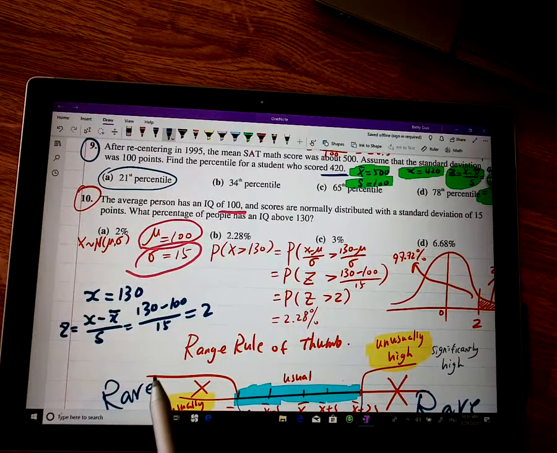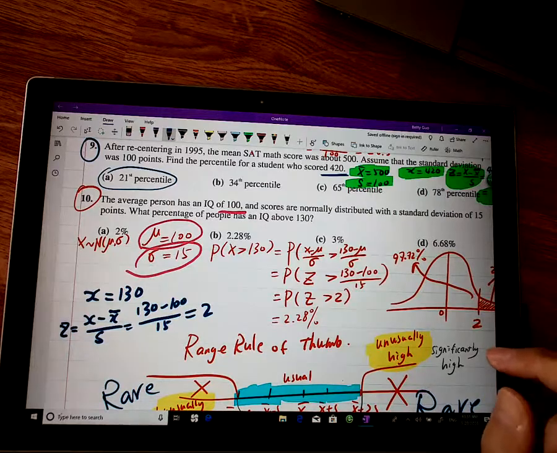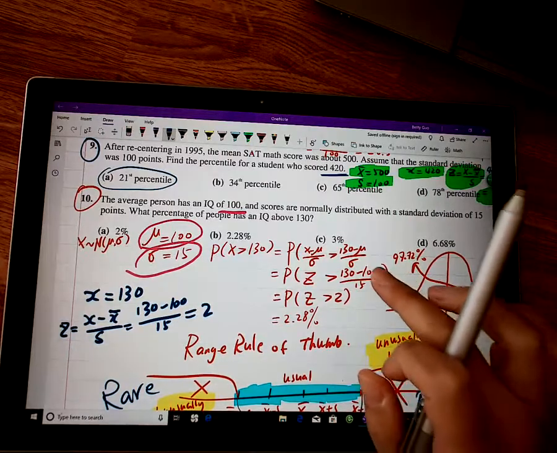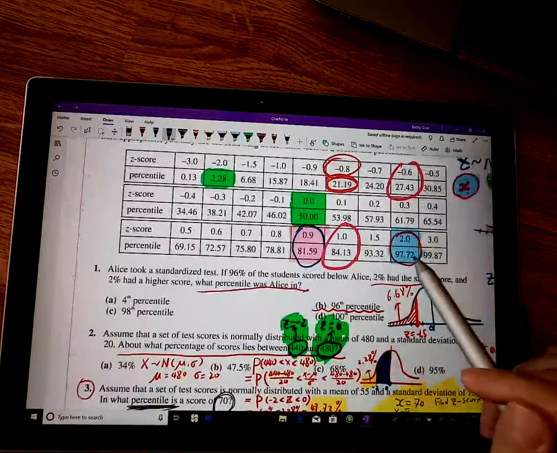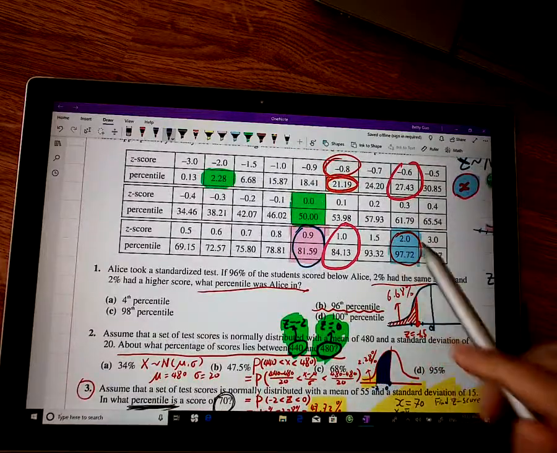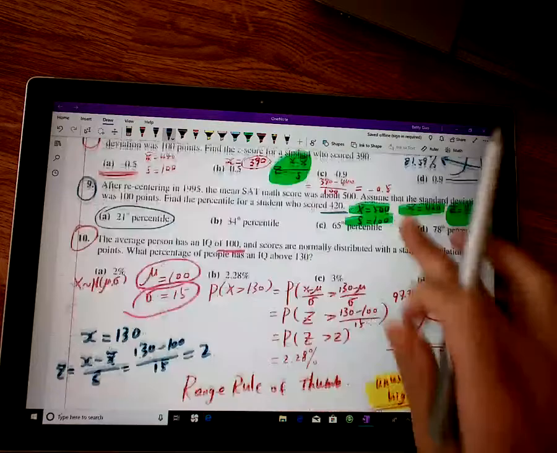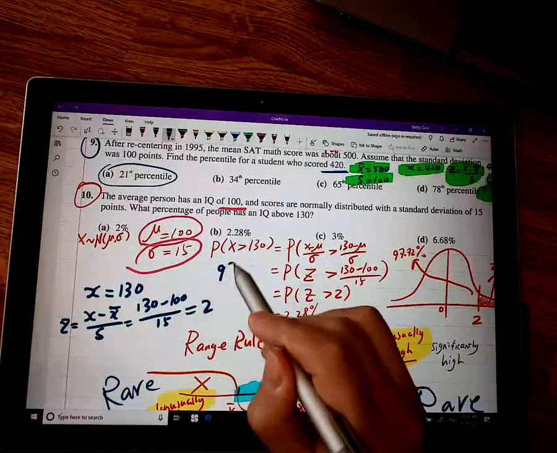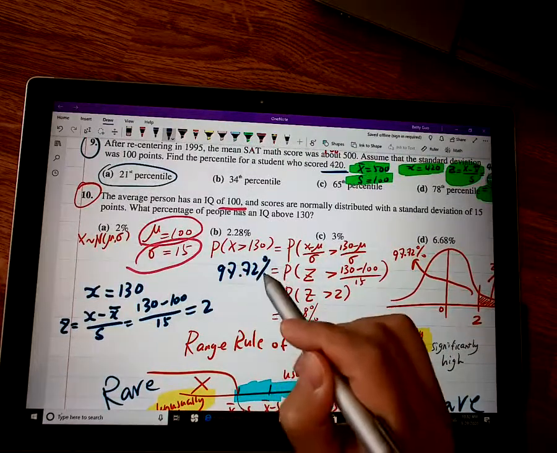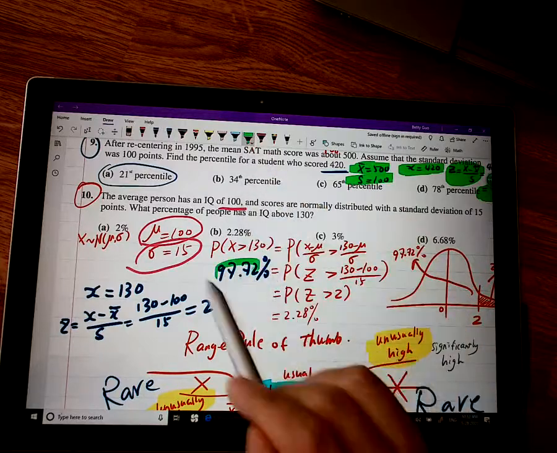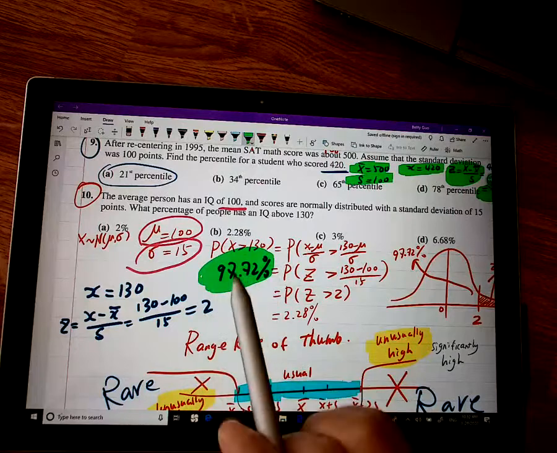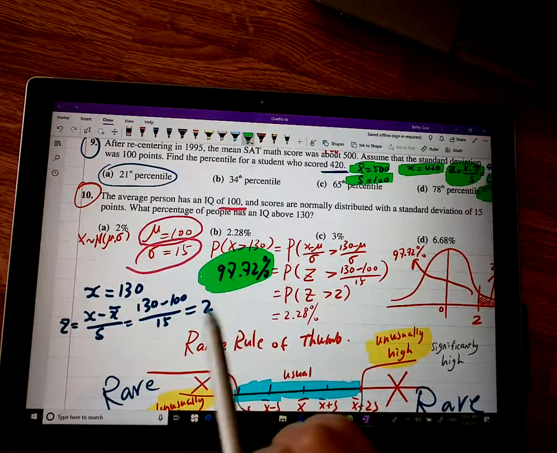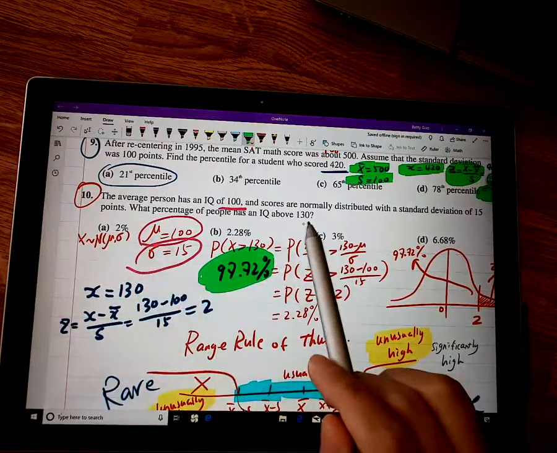And then you go back to the percentile table. Let's see what's the percentile for 2. It is 97.72%. So 97.72% of people have IQ scores lower than 130.